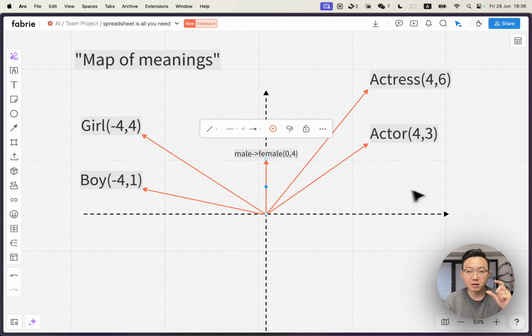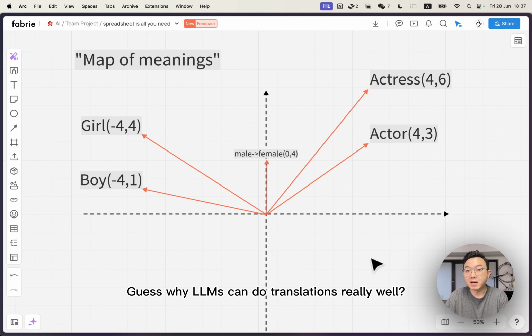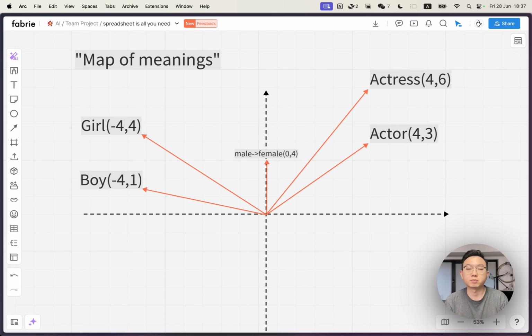And that particular vector can also be used to describe the difference between boy and girl, because the difference is essentially the same thing, going from male to female. And in the number world, this difference will be described as 0, 4. So that's the magical part for me, that all of these meanings somehow are being compiled into this magical multi-dimensional space that actually makes sense on its own.